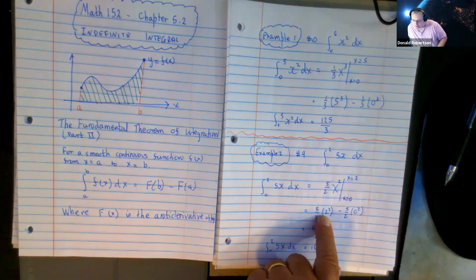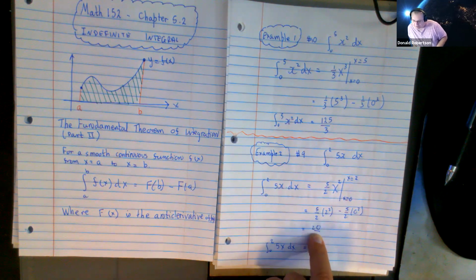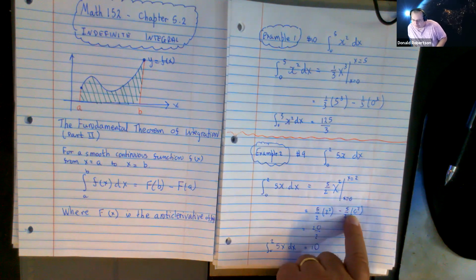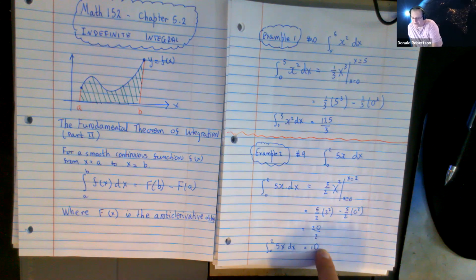Plug in the 2, so the value of the antiderivative at 2 is 20 halves. At 0 it's nothing, so 20 halves take away nothing. The answer is a nice round number: 10. So you can actually find the area under any curve that you could possibly want.